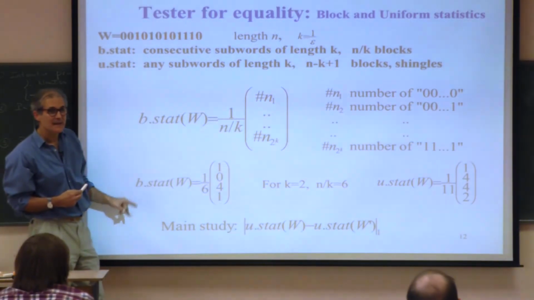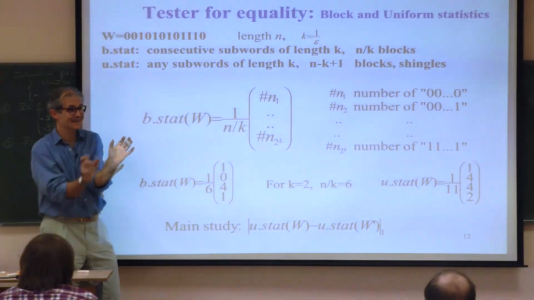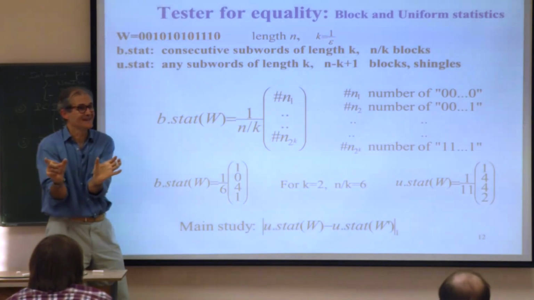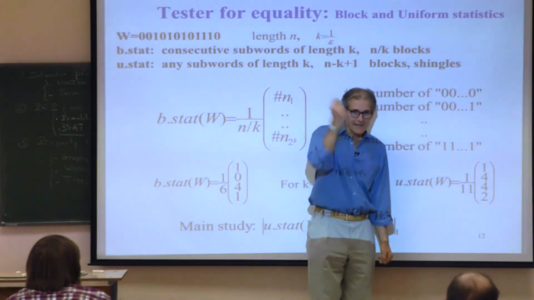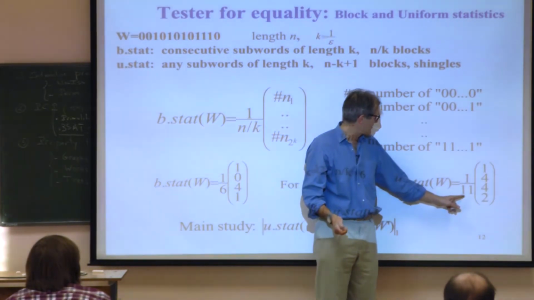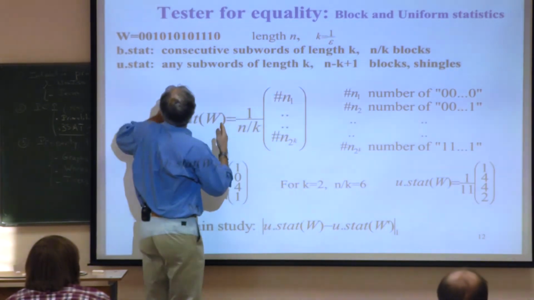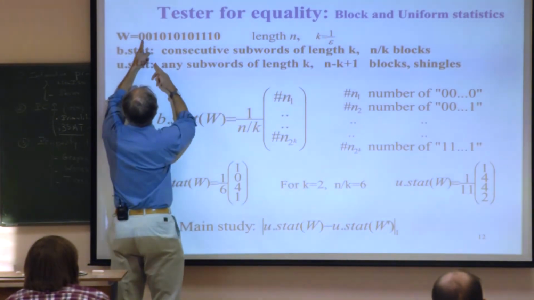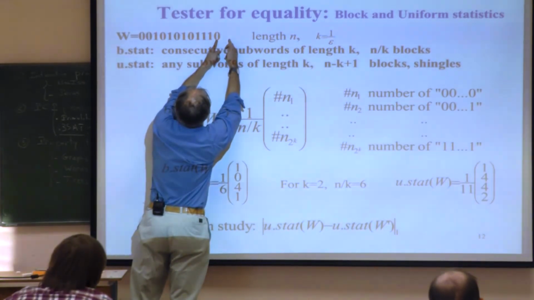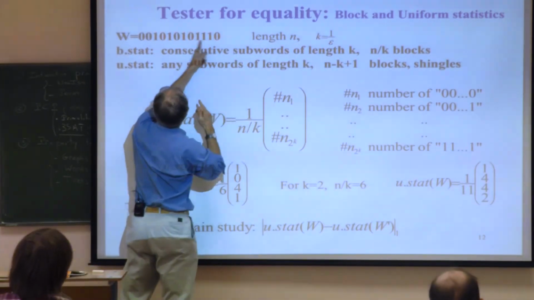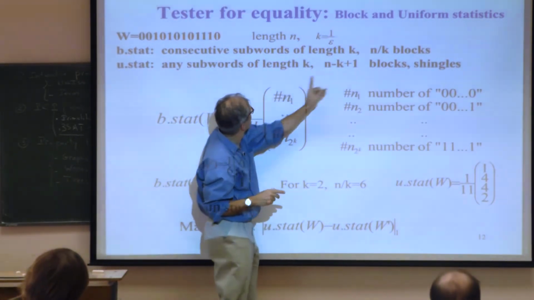All right? Now, in the block statistics you take separate blocks, right? In these statistics, you don't take blocks. You take a random position, and you have here 11 possibilities. Why 11? Because you have this possibility, but you don't have this one, because you don't see a word of size 2, but you have this one. So the number of positions is n minus k plus 1.